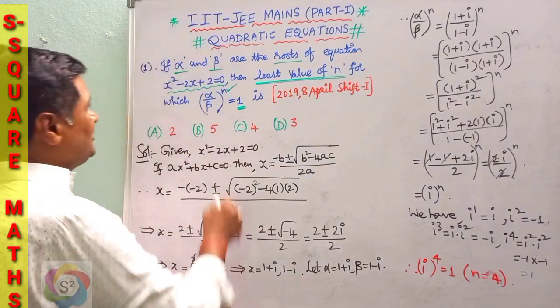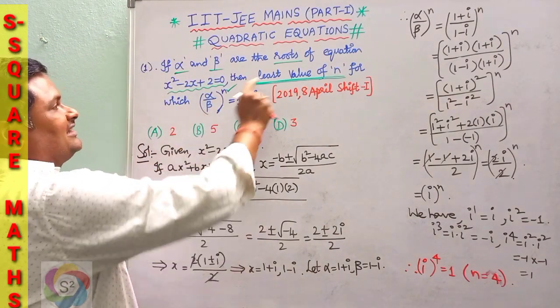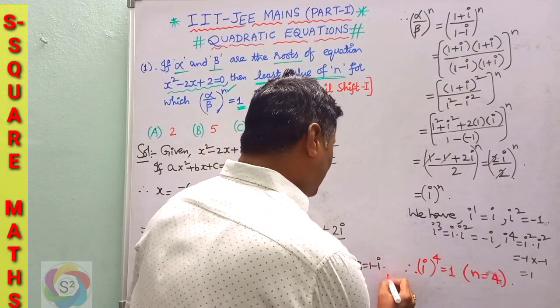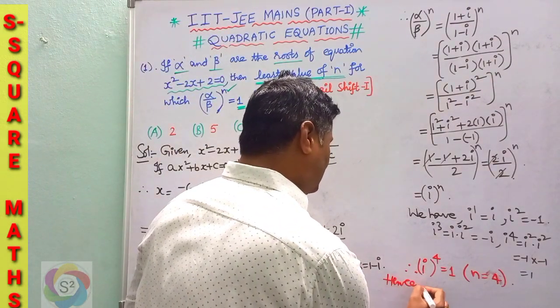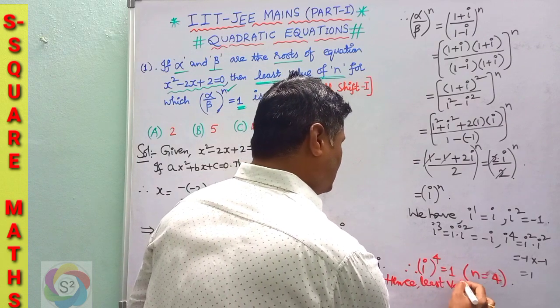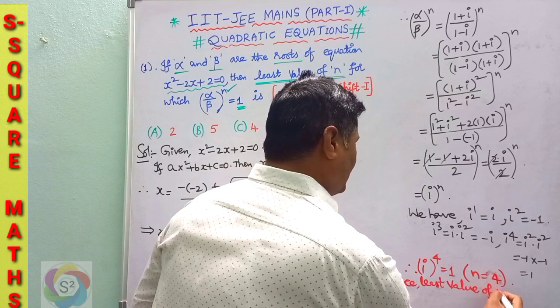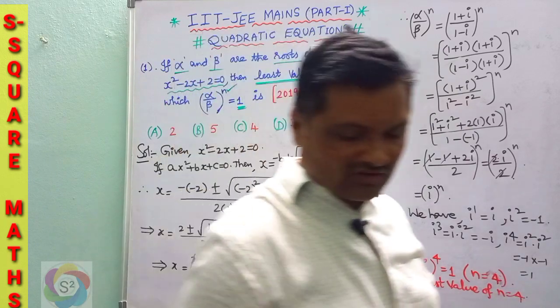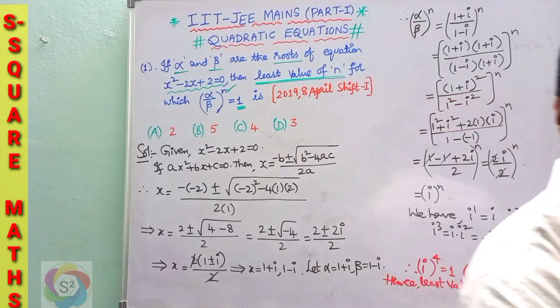So (α/β)^n is equal to 1, the least value of n, the minimum value of n. Hence the least value of n is 4. Just recall what we had in the problem.